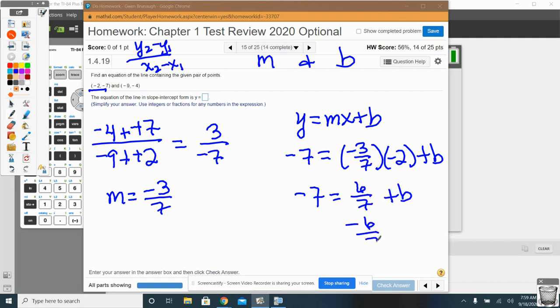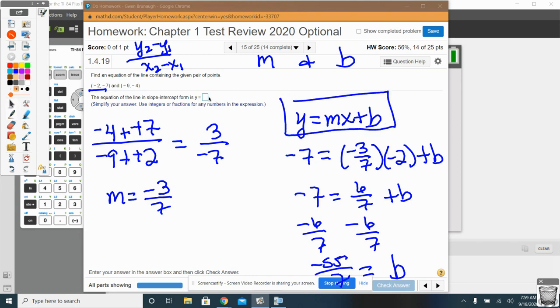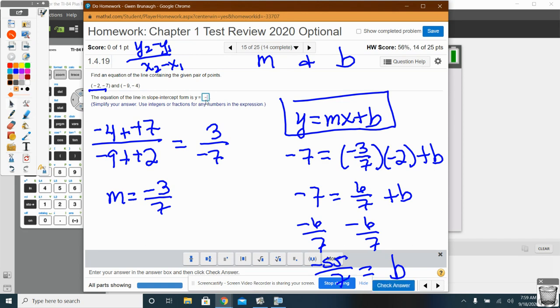I'll subtract 6/7 from both sides, and I will type negative 7 minus 6/7, and hit math 1 again, and my b value is negative 55/7. Once you know your m and b, you can plug it into this equation to get your answer. So it's y equals negative 3/7 x plus b, or in this case, minus 55/7.